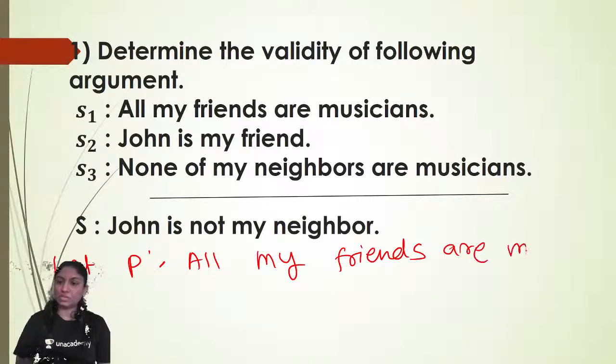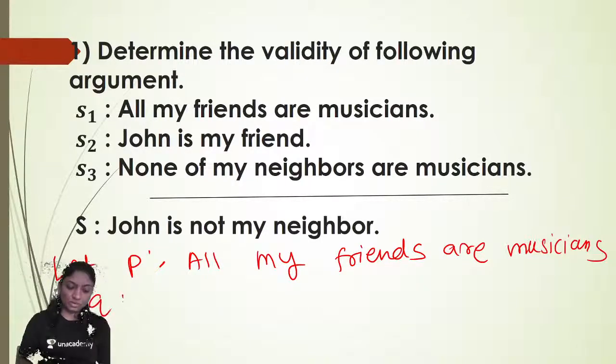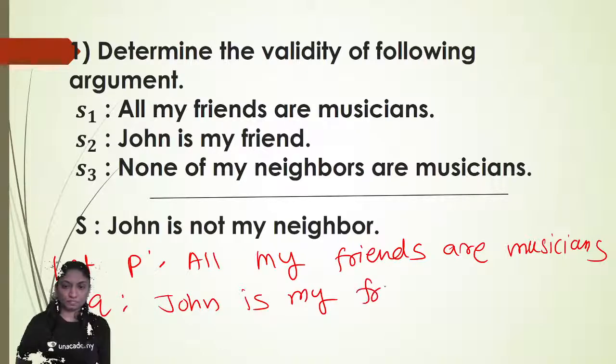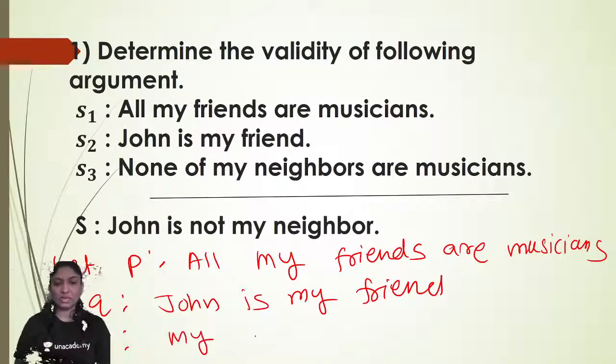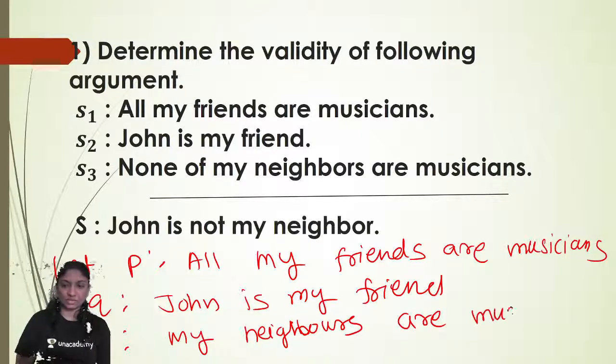Q denote the statement John is my friend, and R denote the statement my neighbors are musicians.